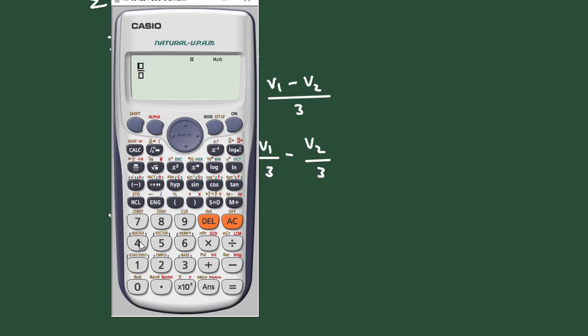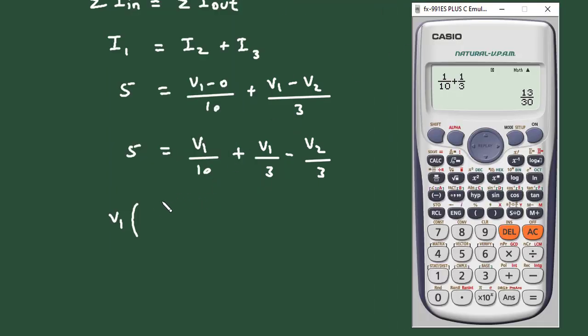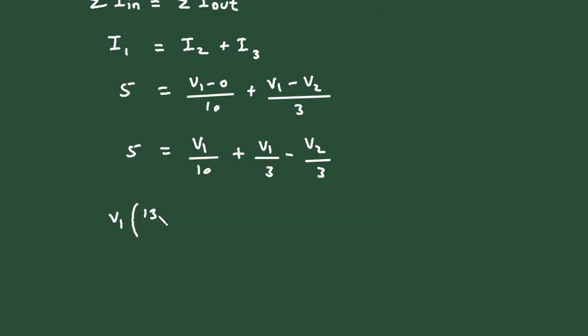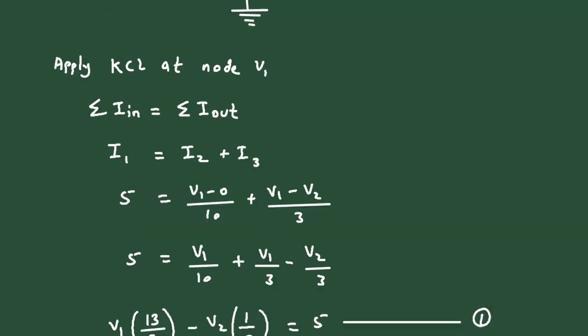So 1 by 10 plus 1 by 3 is 13 by 30, equal to minus V2 by 3, and the 5 as it is. Let's say this is equation number 1.